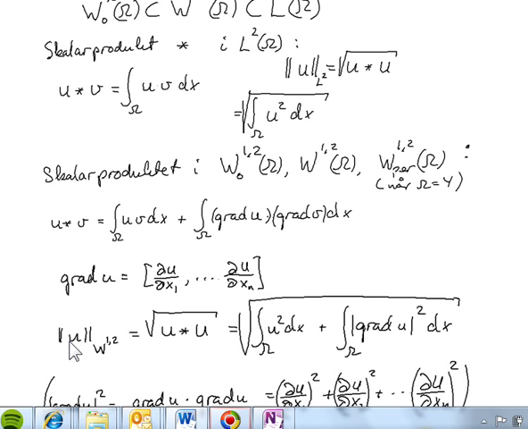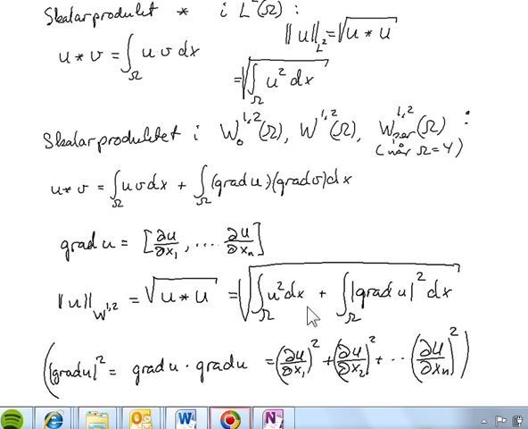Note that the norm of u in the Sobolev space is defined as usual as the square root of this scalar product, which is due to the definition of the scalar product in this Sobolev space. We have this definition of the norm in these Sobolev spaces.